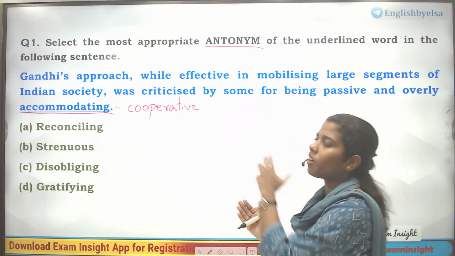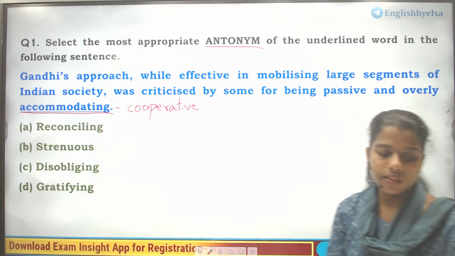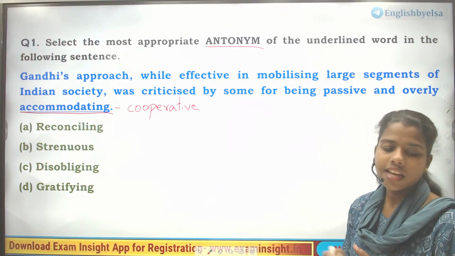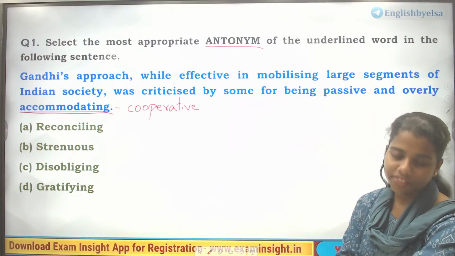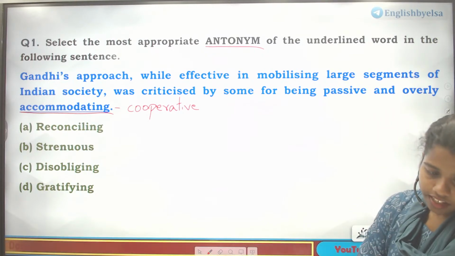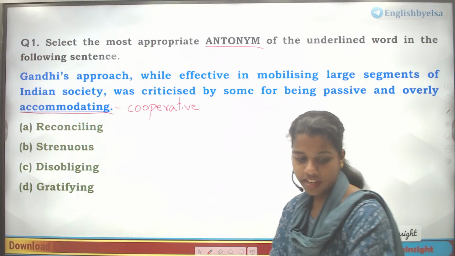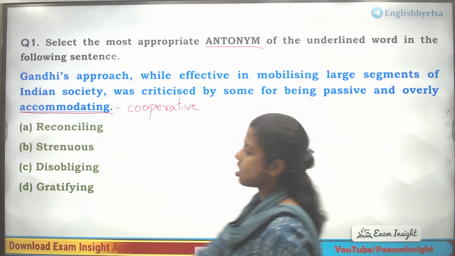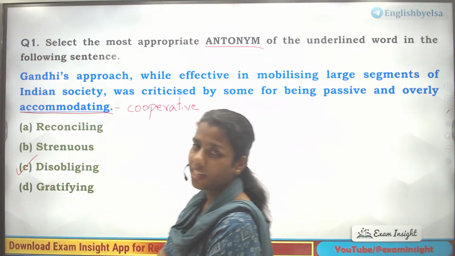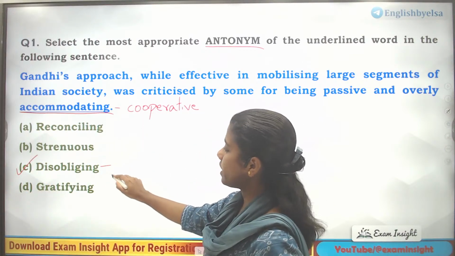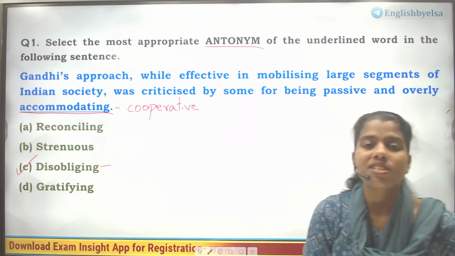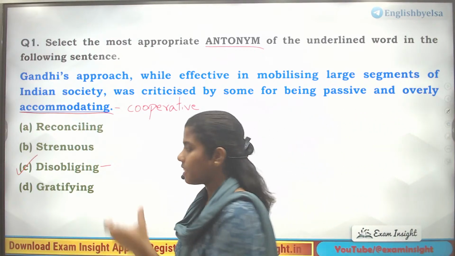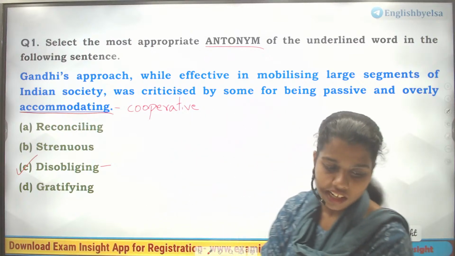Now can you tell me the opposite of it? Reconciling, strenuous, disobliging, gratifying. I got answers strenuous, disobliging and reconciling. The correct answer is disobliging, meaning non-cooperative or uncooperative, who is not cooperative at all.